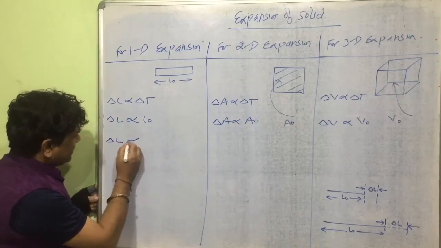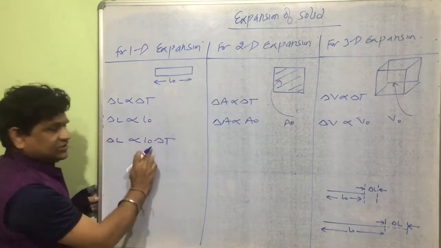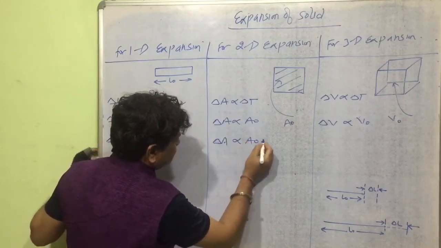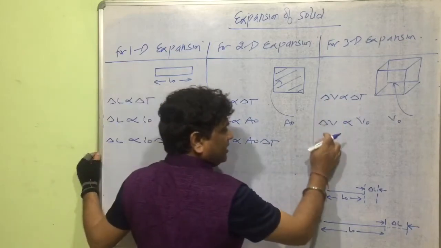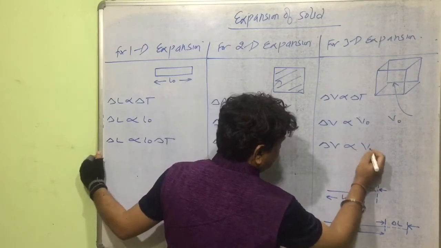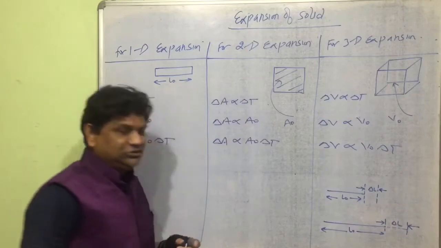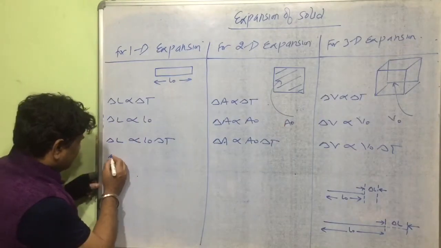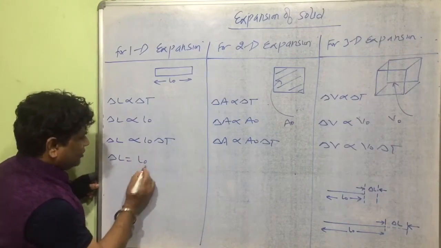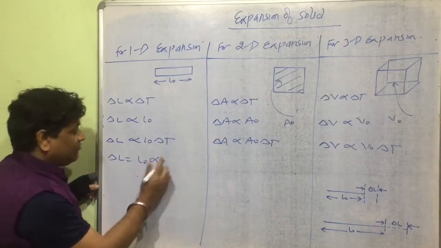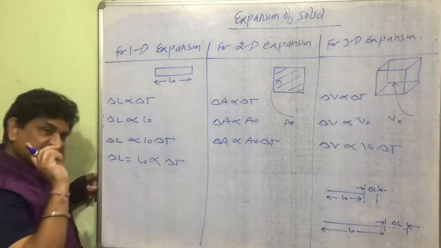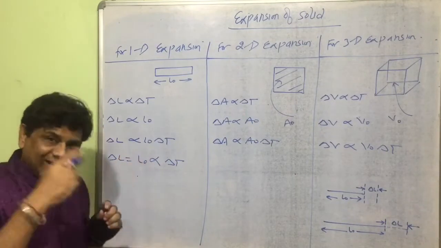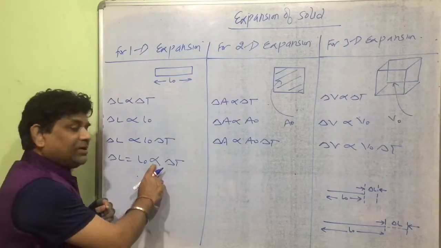Now we can write an important relation with the help of these. ΔL is directly proportional to L₀ΔT, ΔA is directly proportional to A₀ΔT, and ΔV is directly proportional to V₀ΔT. Now we can simplify these relations. ΔL equals L₀ times a constant α times ΔT. Don't be confused by these two symbols: one is the symbol of directly proportional and the other is the symbol of alpha.